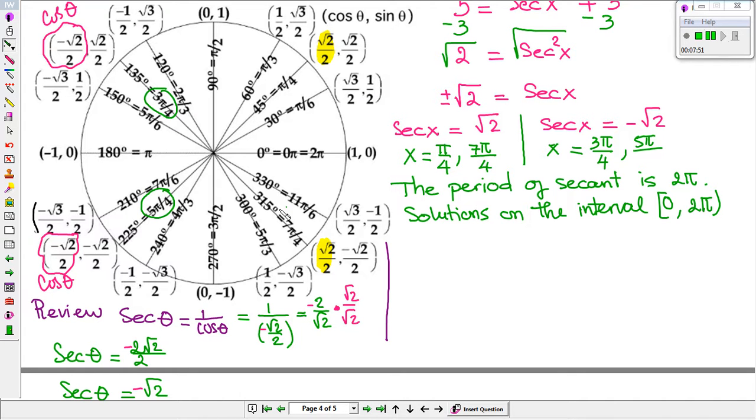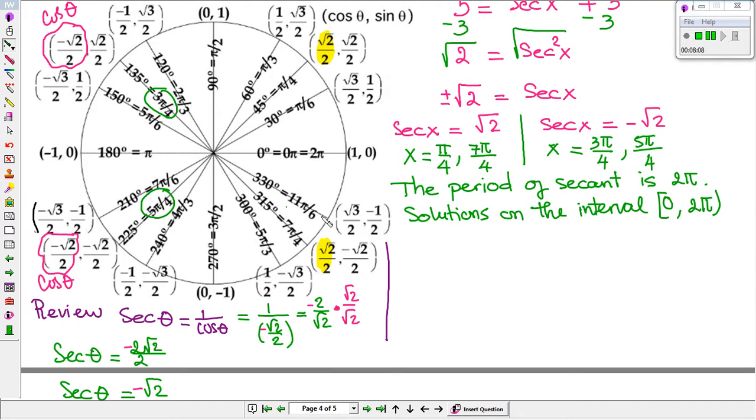If you have not noticed, all the solutions that we present here are in radians, but if you want to write them in degrees, you are welcome. So now we have all our solutions from 0 to 2 pi, where secant of that angle equals square root of 2, or negative square root of 2.